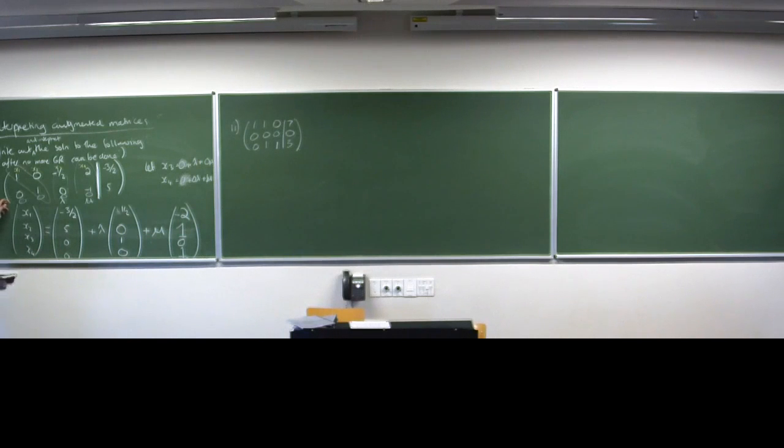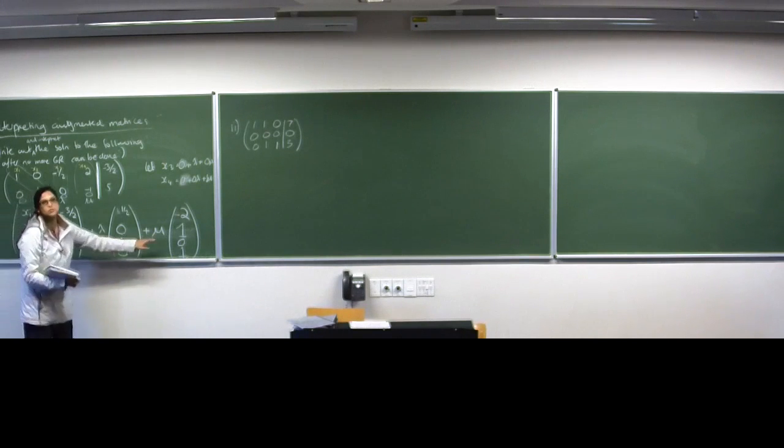Because if we just say x3, we could. We are saying what is x1, x2, x3, and x4, and they can be described in terms of those two variables.